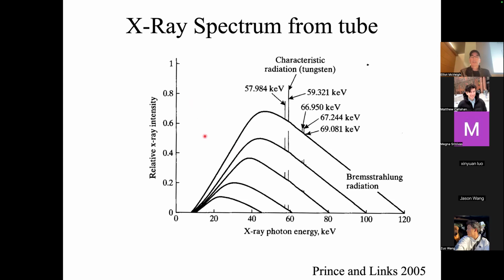So down here, when we look at the energies coming out of this tube, we see that the relative frequency of photons at these lower energies goes down, down, down. And the reason is that those photons that have low energy are much more easily absorbed by anything.